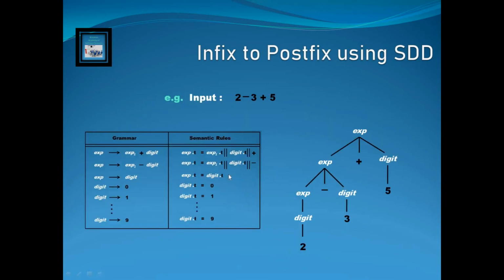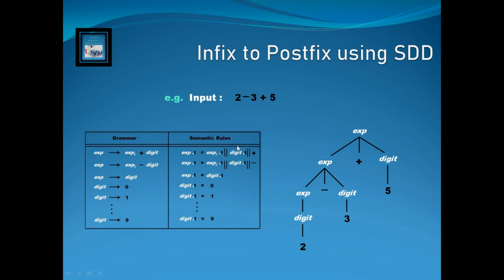Okay, now we are going to apply this syntax directed definition to get an output against an input. For example, consider this infix form expression 2 minus 3 plus 5, and we want to compute its output using syntax directed definition. As we have learned earlier, this is the syntax directed definition for such a translation mechanism.